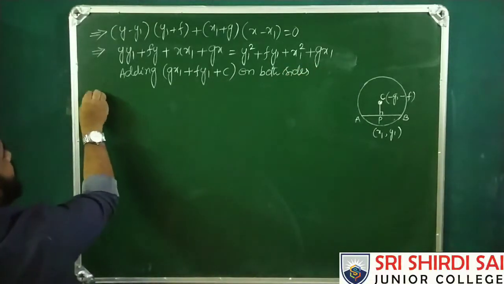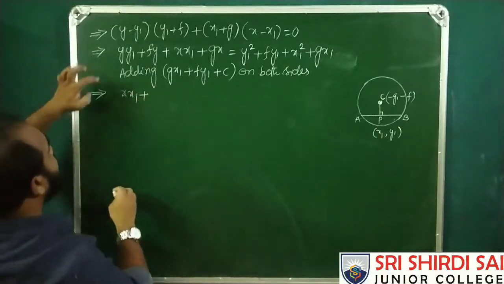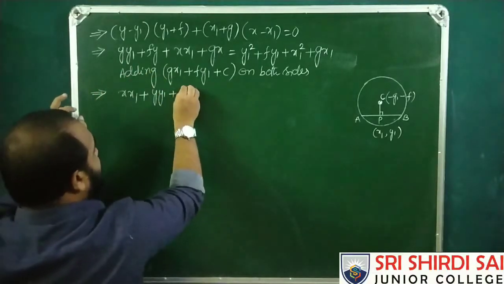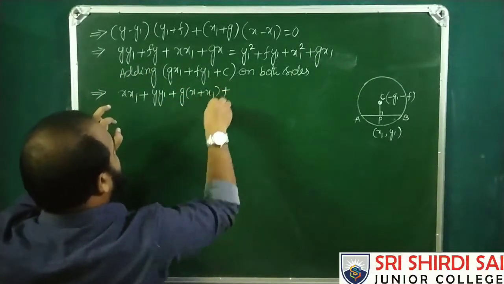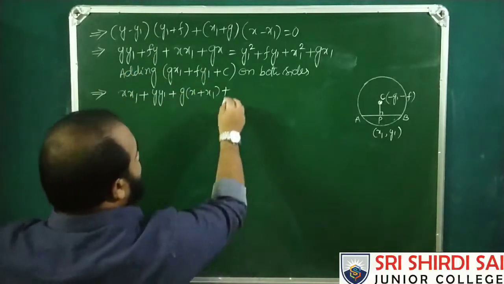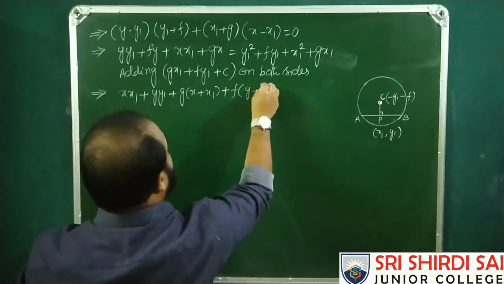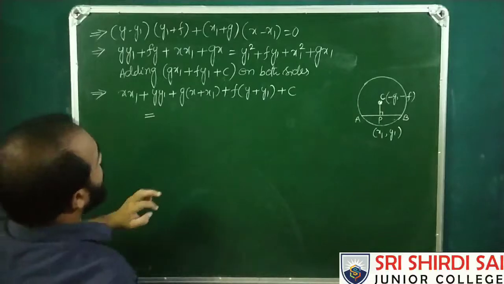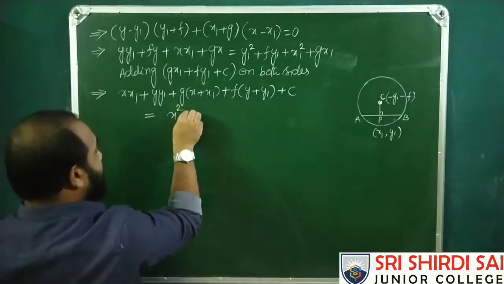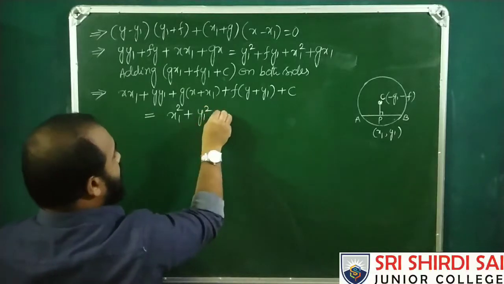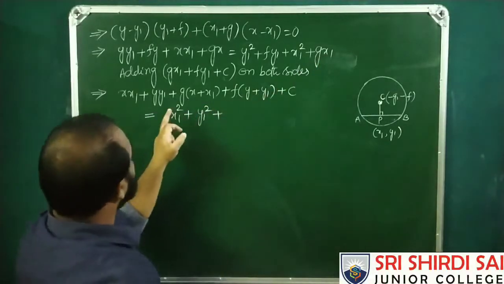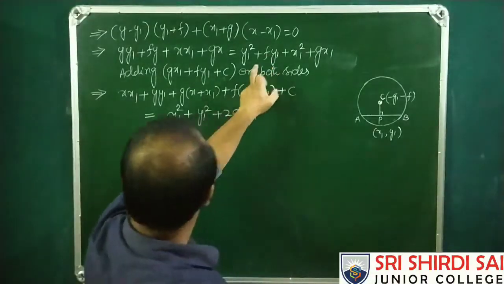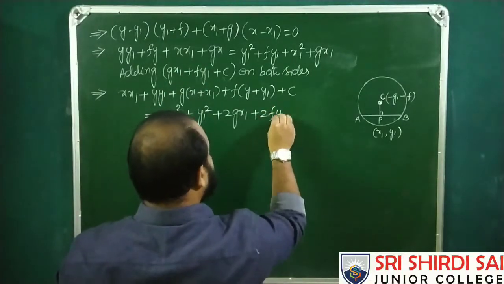Then xx1 plus yy1 plus gx plus gx1. So g into (x plus x1) plus fy plus fy1, f into (y plus y1) plus c, this is the LHS, is equal to x1 square plus y1 square plus gx1 plus gx1, 2gx1, plus fy1 plus fy1, 2fy1, plus c.